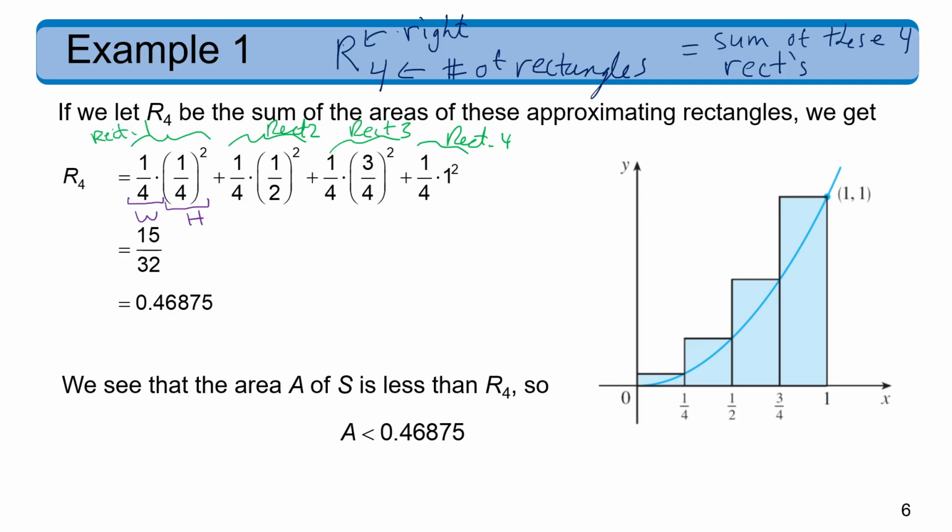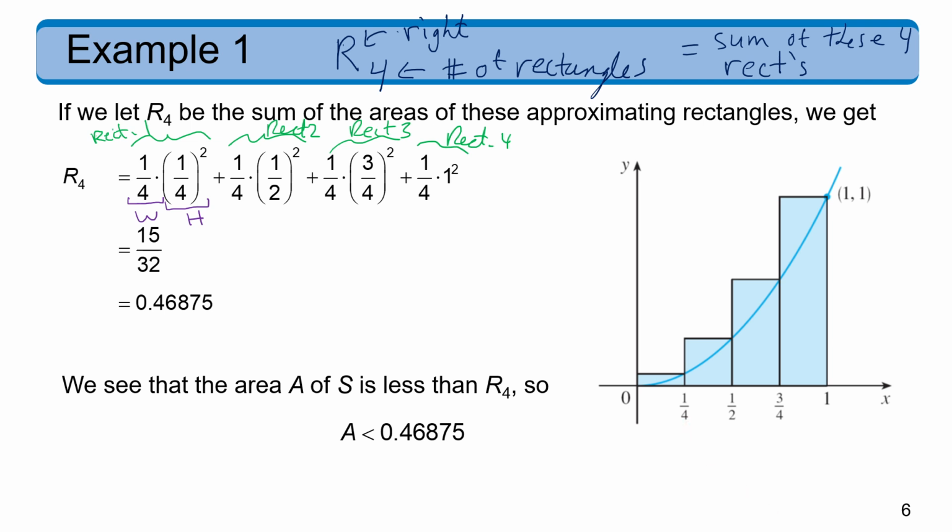Just as a reminder how we found it, we took the right endpoint of the first subinterval, which is 1/4, plugged it into our f of x to get the y-coordinate here, which is the height of that rectangle. And since the formula for f of x is y equals x squared, we got 1/4 squared for the height.